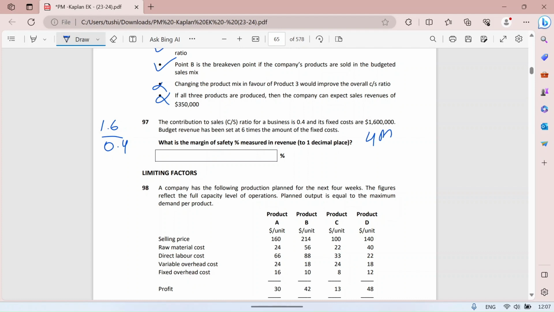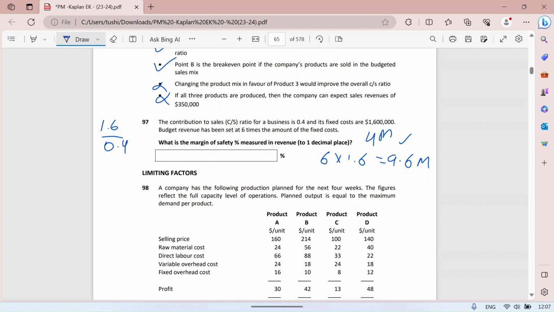Now my budgeted revenue is how much? 6 times my fixed cost. So 6 multiplied by 1.6 gives me $9.6 million. So this is my budgeted revenue and this is my break even revenue. Now, how do we find the margin of safety? It is the difference between the budgeted and your break even revenue, divided by your budgeted revenue.